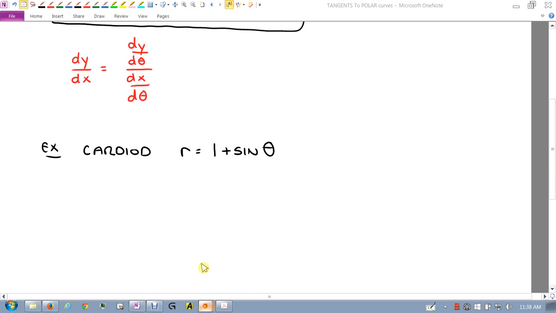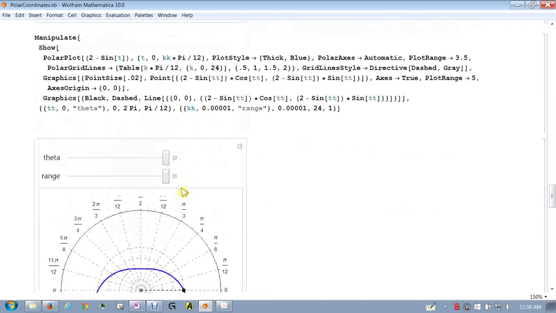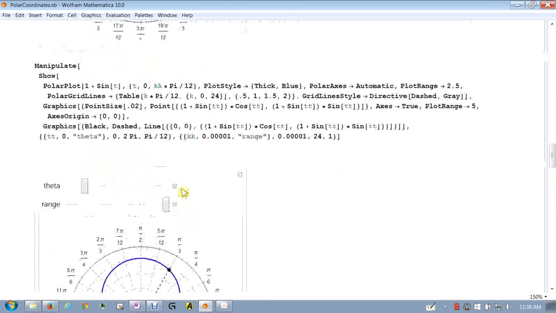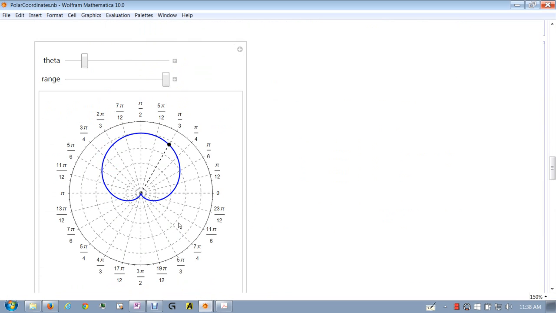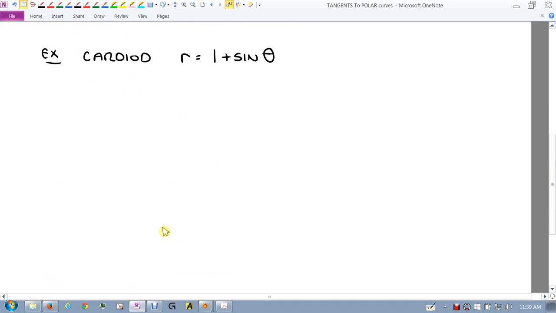I said, what does that look like? 1 plus sine, no, this one right here. There it is. They call it a cardioid. Kind of looks like a what? Like a heart, not like a real, oh, cute heart. I mean, it looks like a real heart, like, you know, from the top, it looks kind of like a heart. So, cardioid.